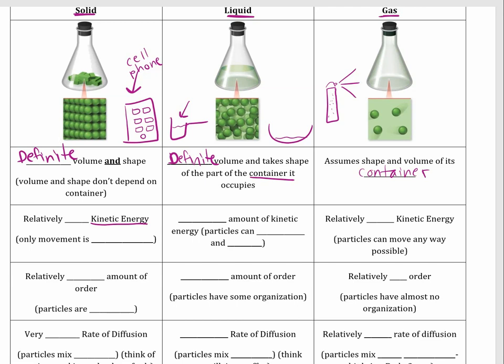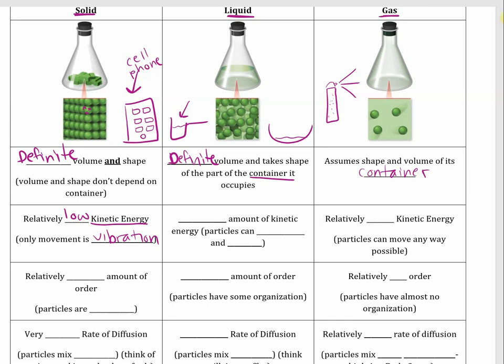There aren't waves going through it. Solid particles have relatively low kinetic energy. The only movement is for those particles to vibrate in place. They're not moving around. They're all organized in these blocks and they can't go anywhere. So this particle might shift a tiny bit in each direction, but it's just shifting around in place. It's just kind of shivering. It's not actually traveling in space.